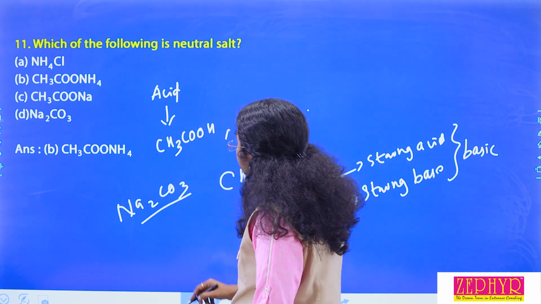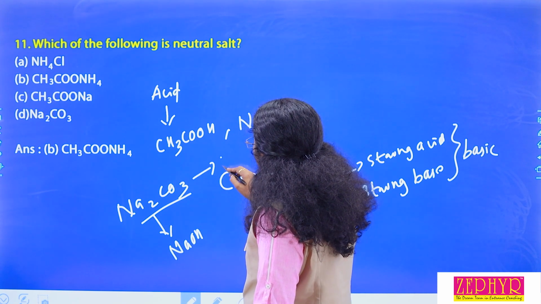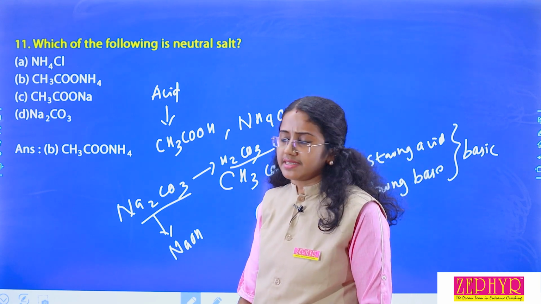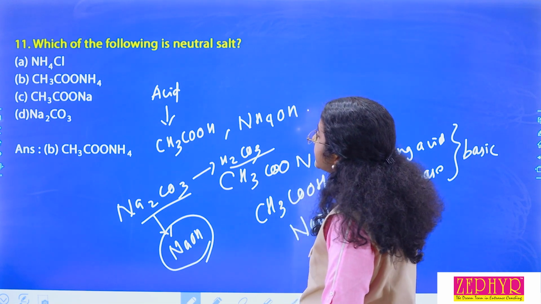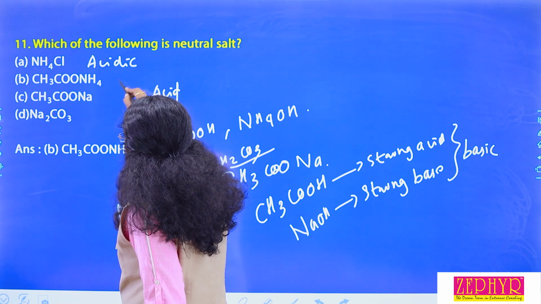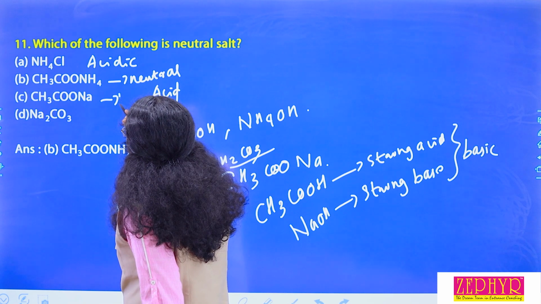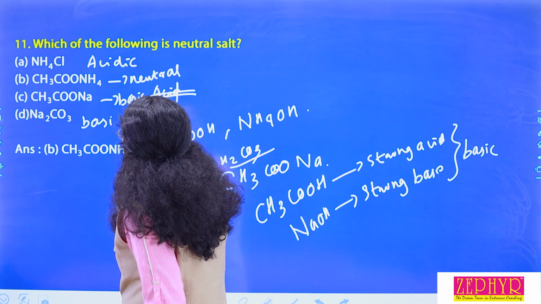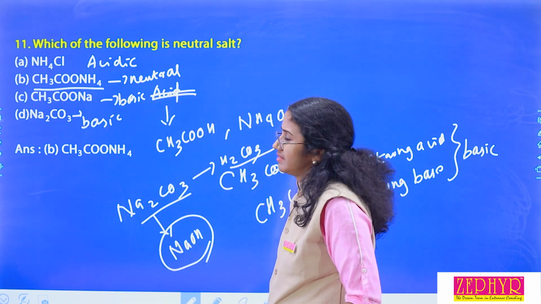Na2CO3 is obtained from the base sodium hydroxide and carbonic acid. H2CO3 is a weak acid. NaOH is a strong base. So the salt is basic in nature. So this is acidic, this is neutral, this is basic, this one also basic. Both acid and base are weak. Okay.